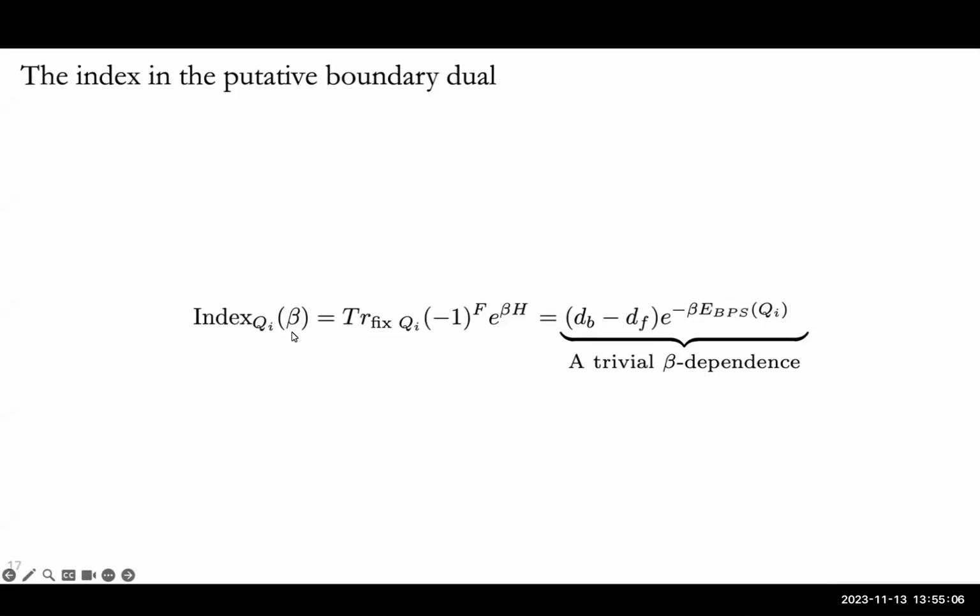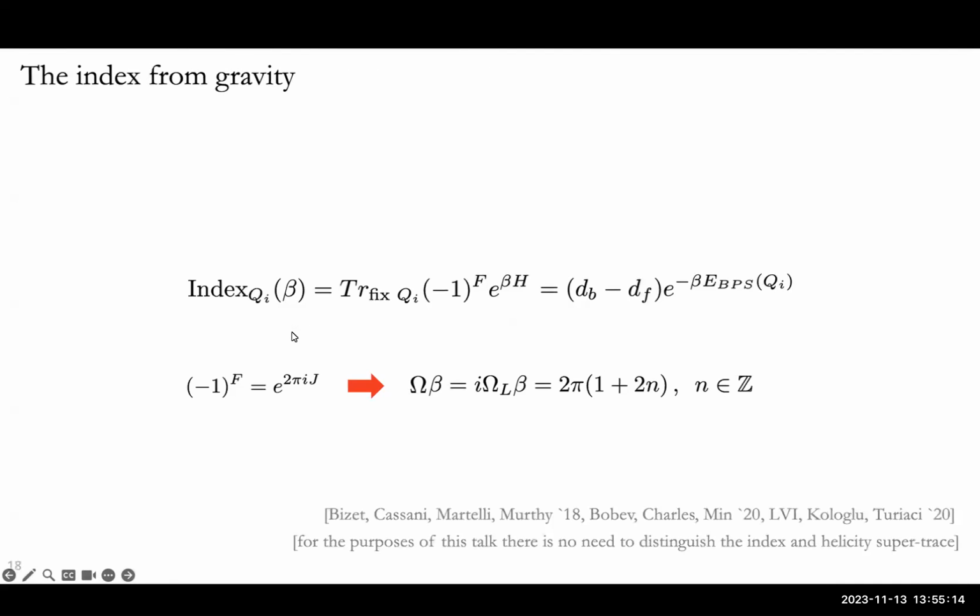So how does one compute this in gravity? Well, let's think about what (-1)^F actually is. (-1)^F can always be written as e^(2 pi i J), where J is the angular momentum generator along some direction, if J is a generator of SU(2). This suggests that if I insert e^(2 pi i J) in the trace, then according to AdS/CFT, whenever I turn on a J in a partition function, it's as if I turn on a chemical potential for this associated charge.